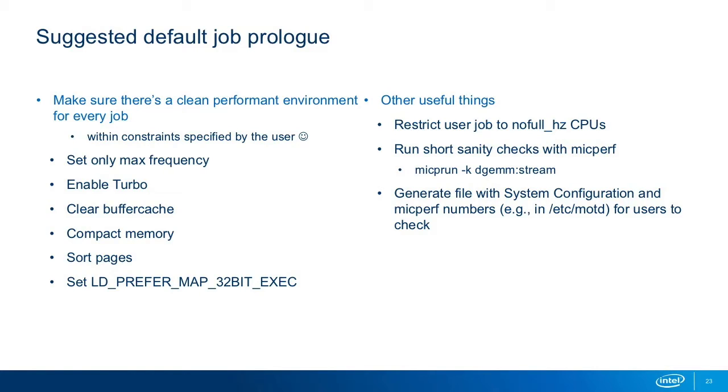Okay, that's pretty obvious if you want maximum performance, but probably not good for the energy consumption. Enable turbo, clear the buffer caches probably, and compact memory, sort the pages, restrict to this kind here with the tickless kernel.